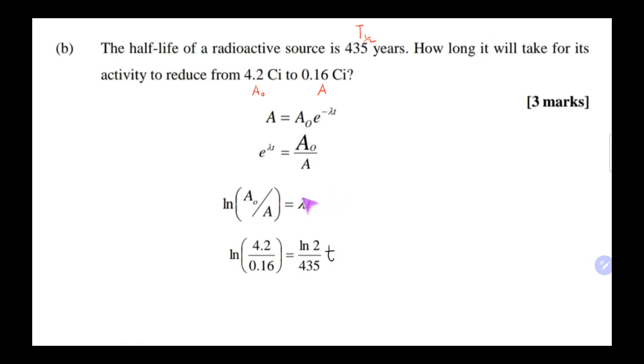So lambda equals ln 2 over T half. T half is given already, and t is the time needed. A naught is also given, and A is given too. As I told you before, we are talking about ratios, so for this you don't have to convert the unit because Curie and Curie cancel each other. Mathematically, you may calculate the time needed here, which equals 2050 years. So this is the way you answer the question.